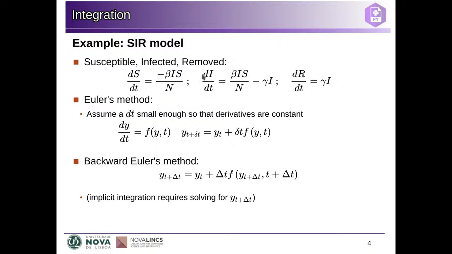Now we have the same thing for those infected. So the infected ones are increasing at the same rate as the susceptible are decreasing, because the susceptible subjects will become infected. So we have the same term here, but now it's a positive sign because it increases the number of infected. But then we also have people recovering.